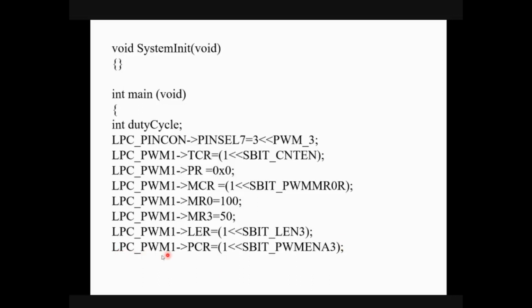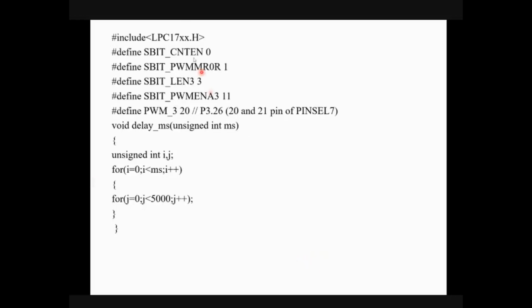LPC_PWM1->PCR. PCR is the PWM control register. In that, we have to enable PWM3. PWM3 is represented by pin number 11, and that is defined using the variable SBIT_PWMENA3 in our define section. SBIT_PWMENA3 is the 11th bit.